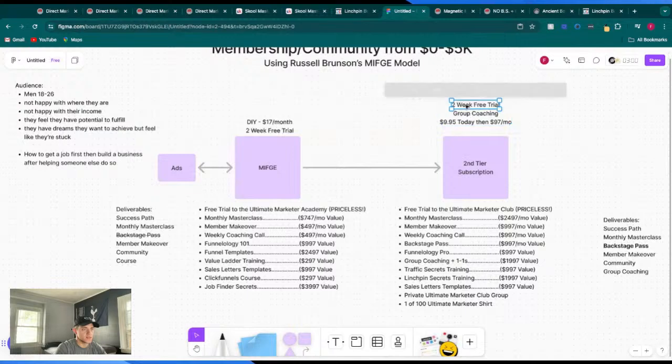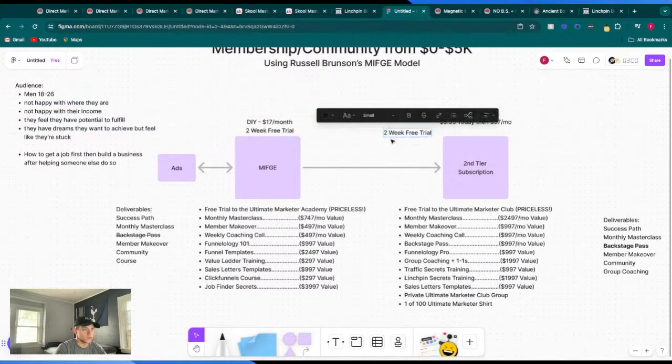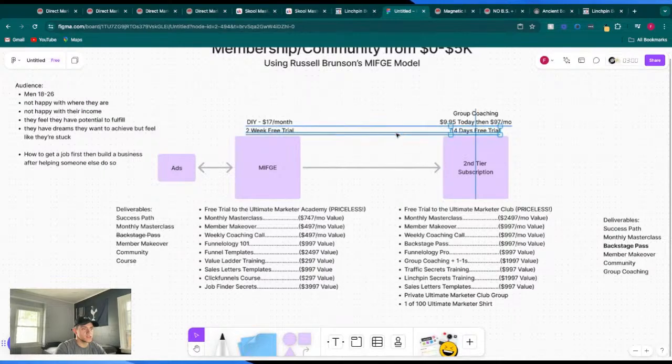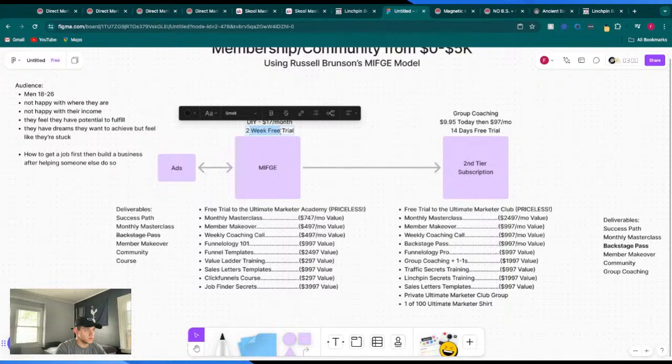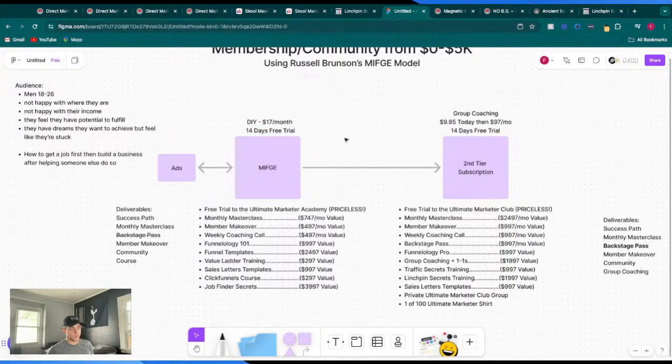Actually, I think we should do 14 days free trial. Me personally, I think we should do 14 days. I know Russell recommends 30, but I think just having a quicker conversion would be a lot better, in my opinion.